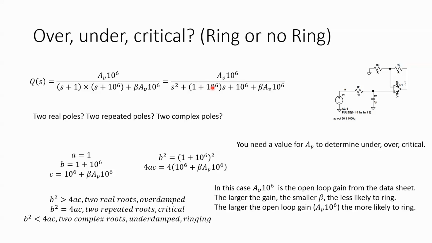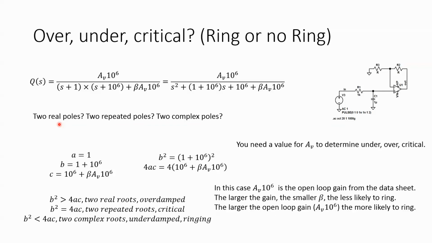This, of course, is very close to 10 to the 6th, but I put it in this format just so that you can see where that came from. And then 1 times 10 to the 6th, and then we have this term here. All we have to use is the quadratic equation to find out what kind of poles we have.